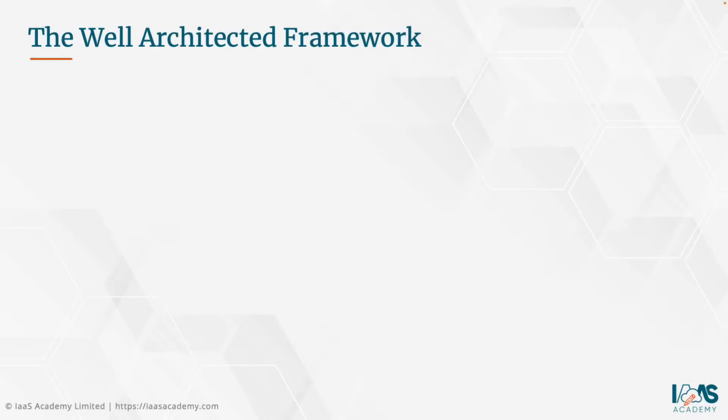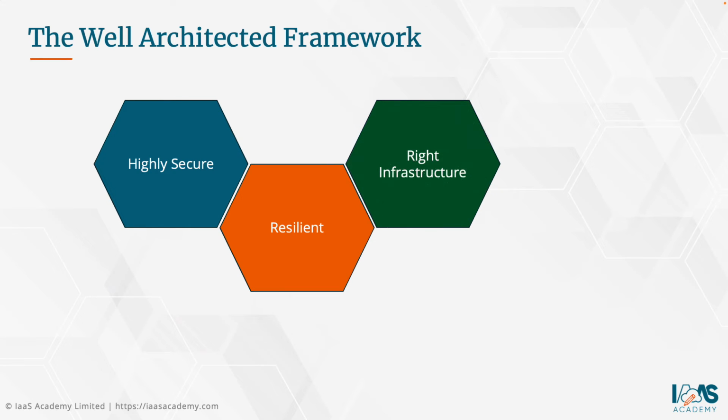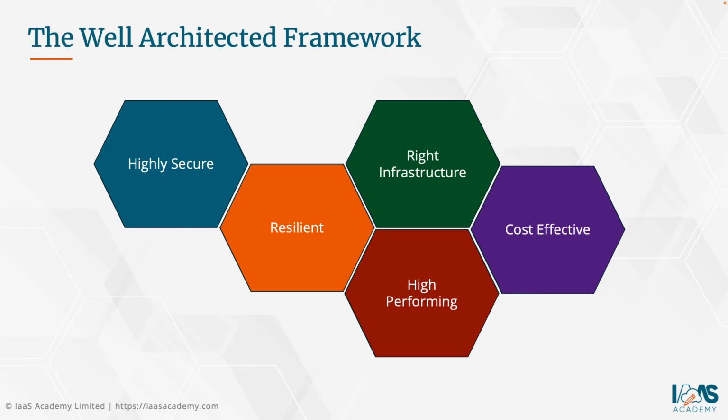Now, when designing, building, and deploying your solutions in the cloud, you want to ensure that your product or service is constructed following security best practices, is highly resilient, makes use of efficient infrastructure, is high-performing, and cost-effective. To help you achieve these goals, AWS offers a series of best practice guidelines and recommendations centered around 6 key pillars.